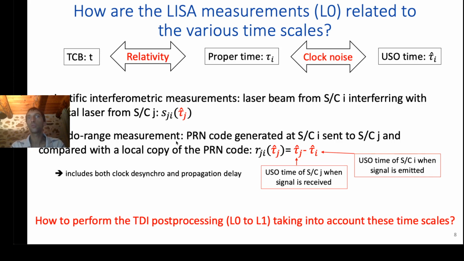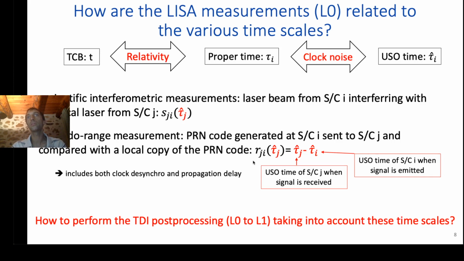These pseudo-range measurements will be performed by generating a PRN code in every spacecraft, and the PRN code will be sent from spacecraft I to spacecraft J, and it will be compared locally with another copy of the PRN code so that it's possible to measure this quantity here, which is a difference between the receiving time of the signal minus the emitting time of the signal, all this time being expressed as user time.